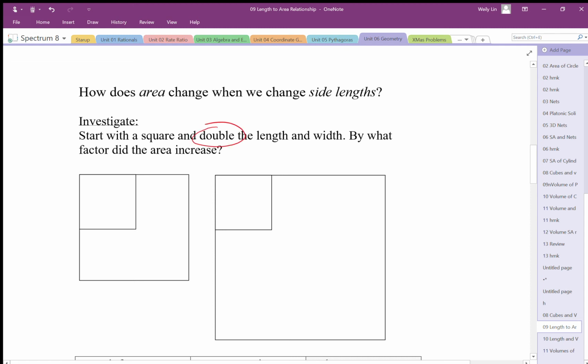If I double the length and width of a square, here's my original square, and if I double the length and width, I'm going to get that big square on the outside. By what factor, by what multiplier? It's really important that we're now talking about factors or multipliers.